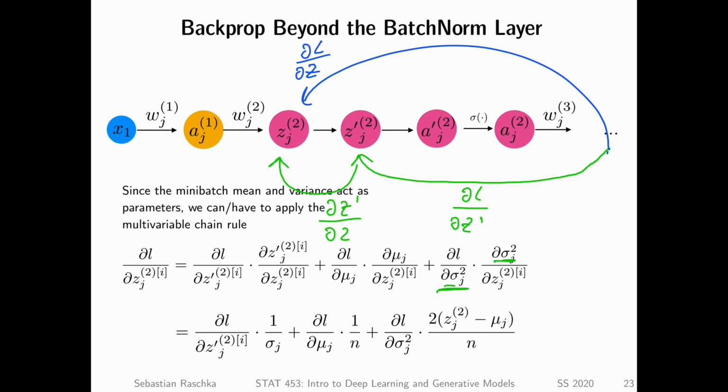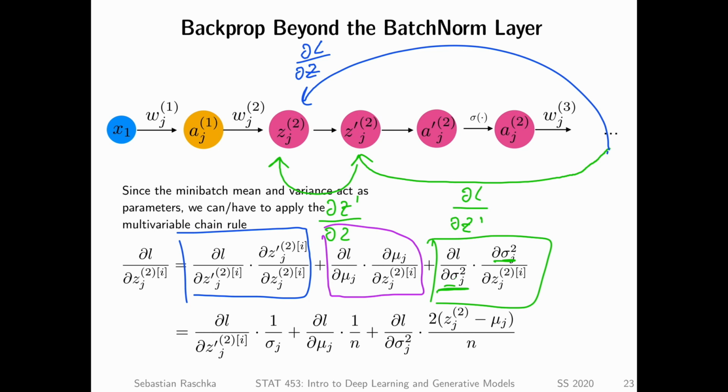According to the multivariable chain rule, since we add them up, we can compute them separately. We don't have to do it all at once. So if we do one at a time, computing this part, the difficulty would basically be in this one.